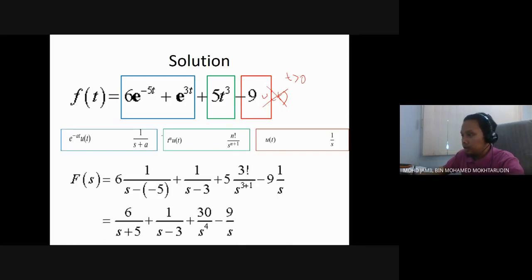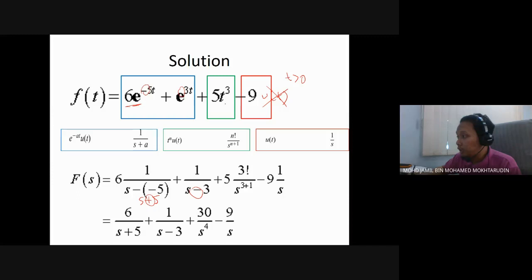So from the table, the first part becomes 6 times 1 over s plus 5. The second part becomes 1 over s minus 3. Okay, so if you have minus in the exponent, it becomes plus, and if you have plus, it becomes minus.